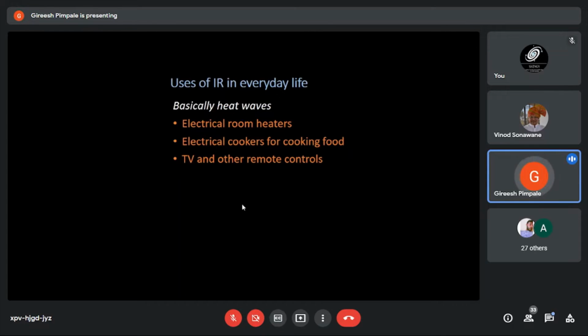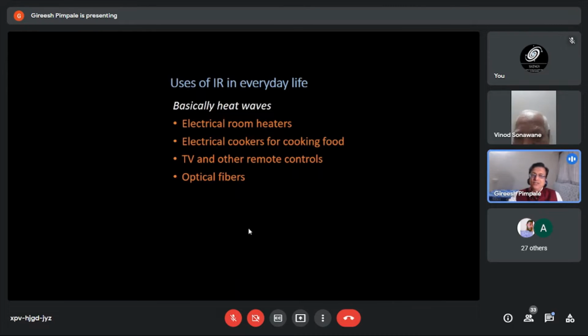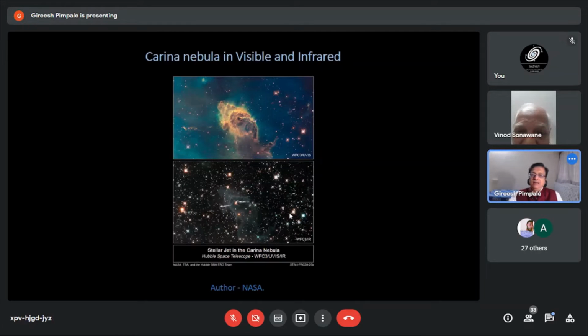So we are surfing on TV by using infrared waves. Optical fiber, nowadays we have internet connection through optical fiber. So there also IR is used, in security systems, night vision cameras, then IR lamps for patients. That is a use for treatment also. So we are using IR at many places in our everyday life.